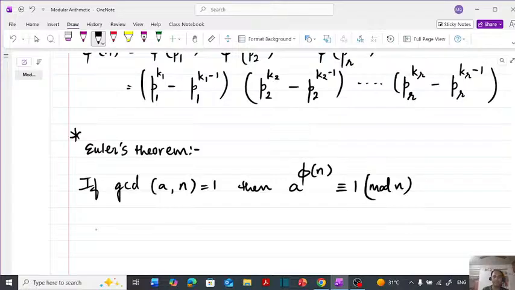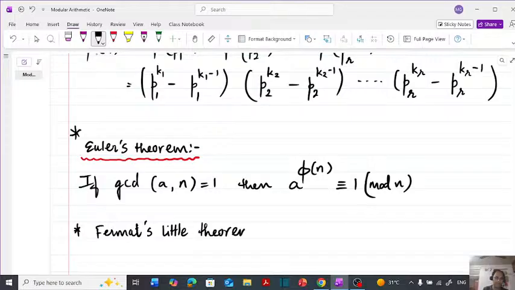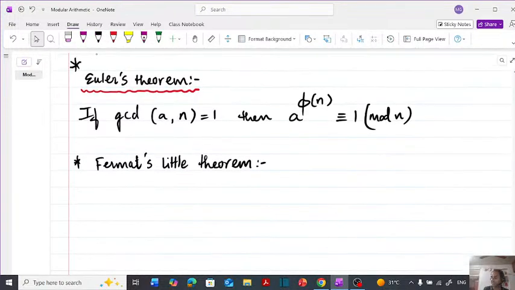And this Euler's theorem is very, very useful for finding inverses. Okay, there is one more like this. You have Fermat's little theorem, another very important and much better version which helps you. So Fermat's little theorem is here.